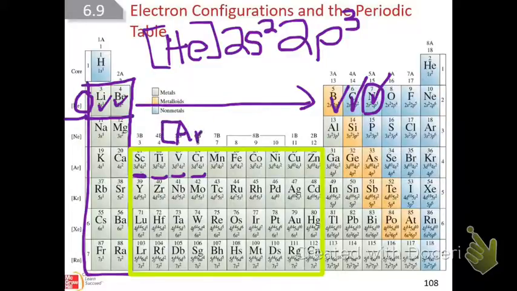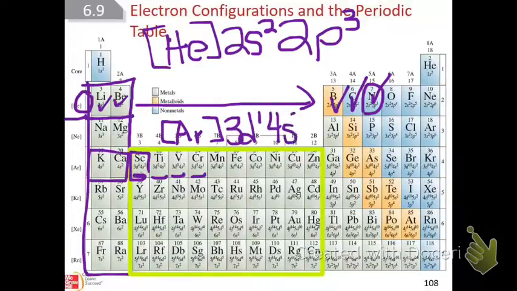So I put argon core, and then it's 4S2, 3D1. But 3 comes before 4, so you actually write the 3 first. Okay? So it kind of looks funny. All right. I hope that helps.